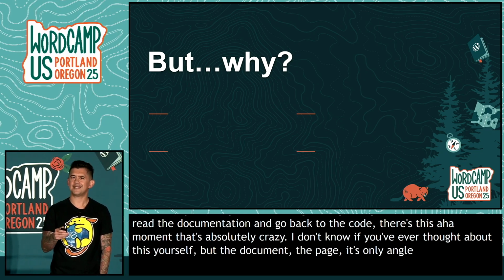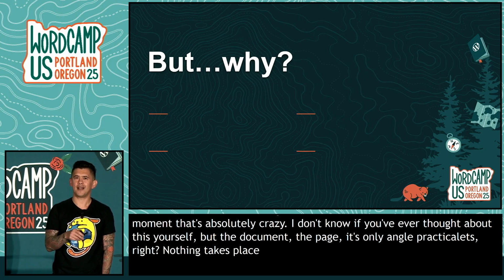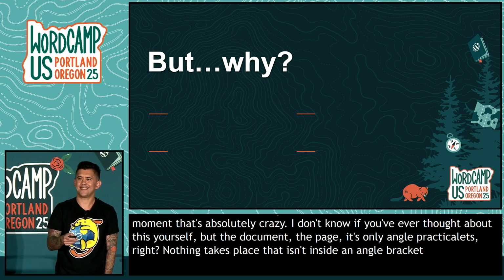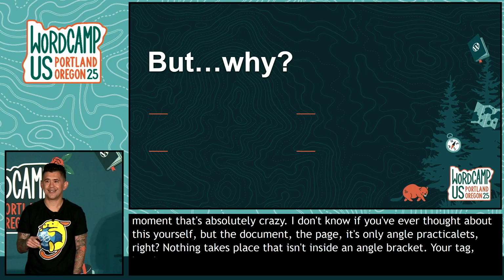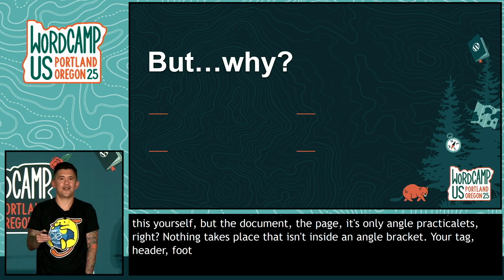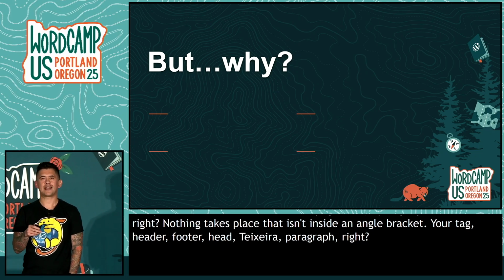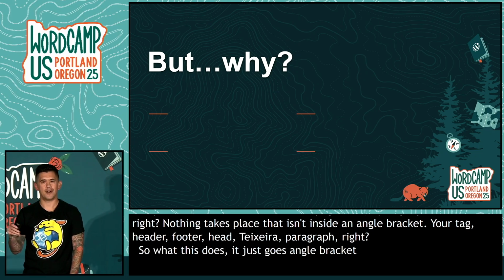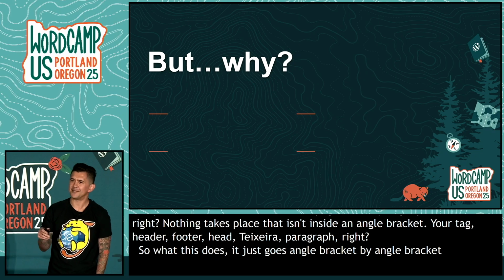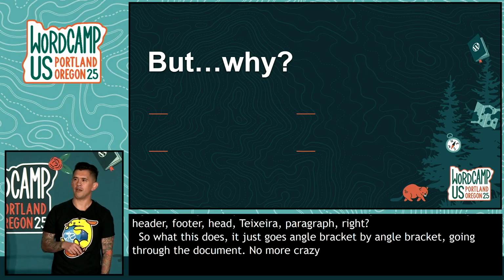Nothing takes place if it isn't inside an angle bracket. Your tag, header, footer, head, textarea, paragraph, right? So what this does, it just goes angle bracket by angle bracket, going through the document. No more crazy regex, nothing. Reliable, functional.